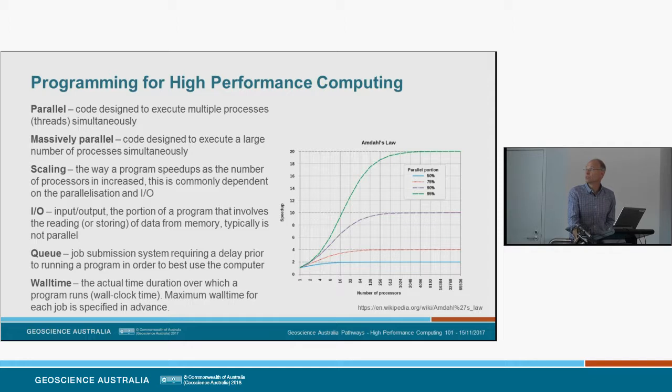Conversely, if you have something that's very well parallelized, so this one's 95% parallel, you can speed it up and speed it up, but even then you'll still hit some point where you stop getting speedups, right? One of the reasons for this has to do with input and output, so I/O.